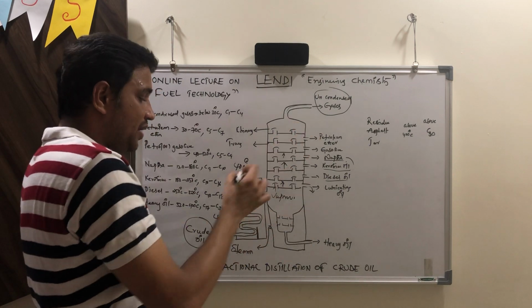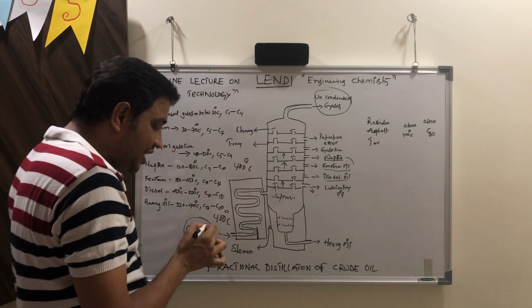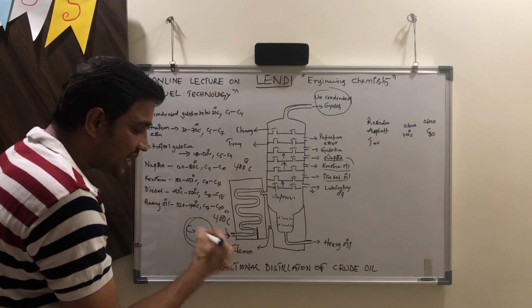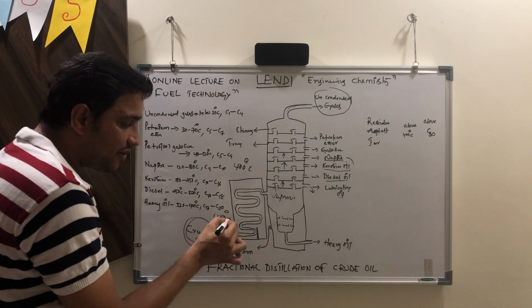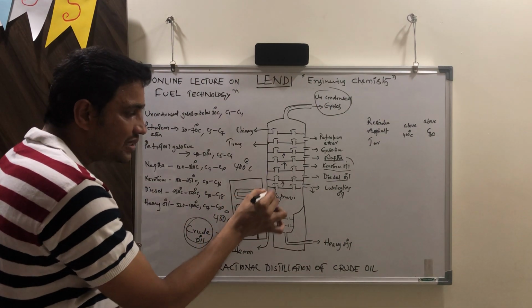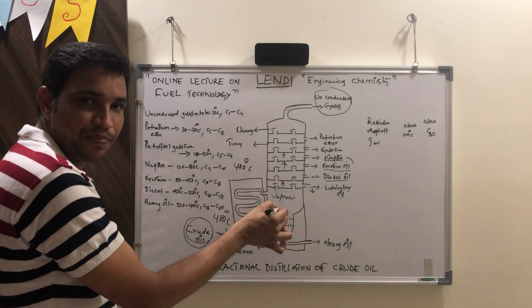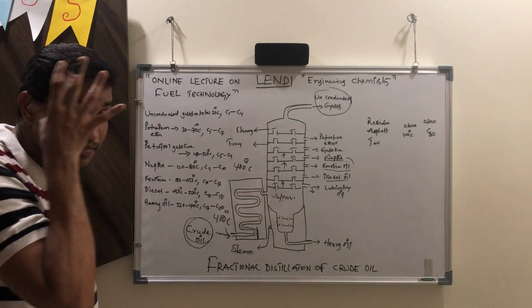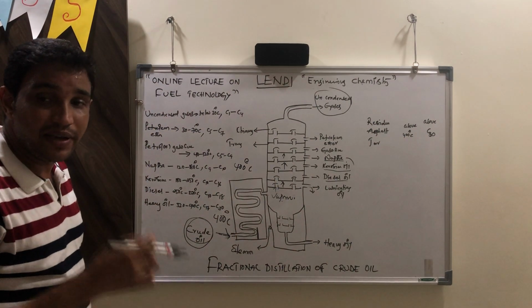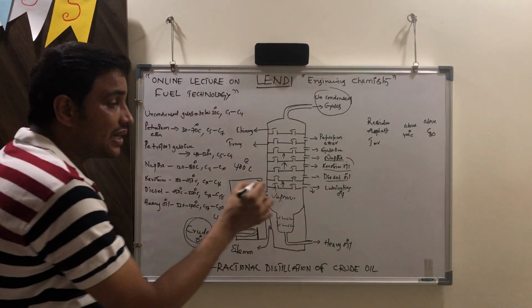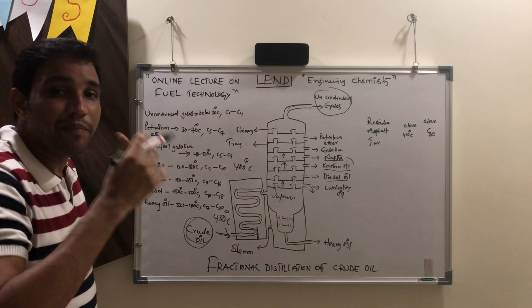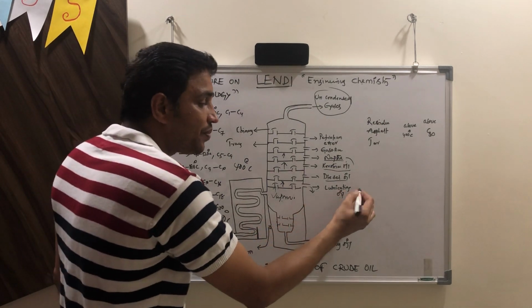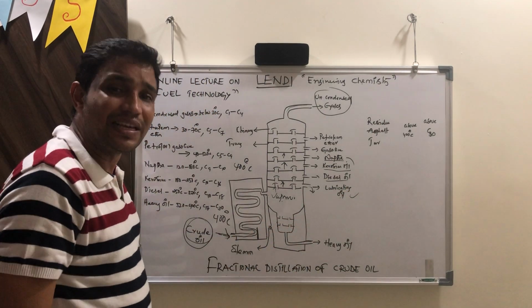Yeah, so initially I have taken crude oil, 400 degrees Celsius temperature is applied, and the hot vapors move through the coils and enter the fractional distillation column. There they travel through the trays, which have chimneys. Then they lose their temperature. At the reduced temperature, some fractions become liquids.